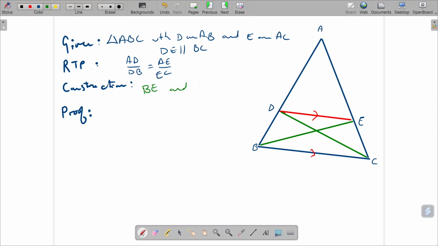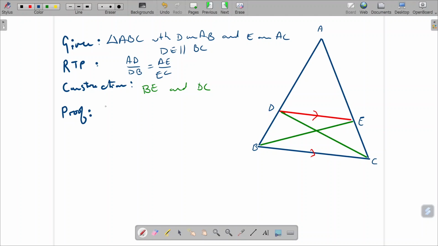and DC. My proof follows from our earlier discussion on the previous slide, that if triangles are on the same base and between parallel lines, they are equal. Just now I used a slightly easier example and discussed the two triangles with base BC. This time I'm going to set up the two with base DE.